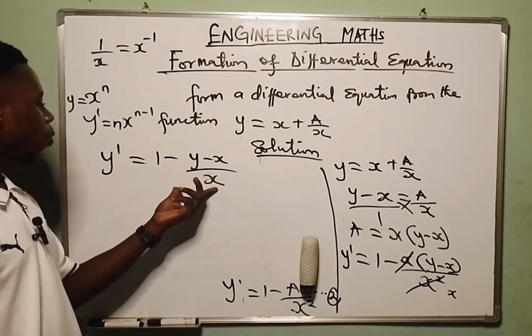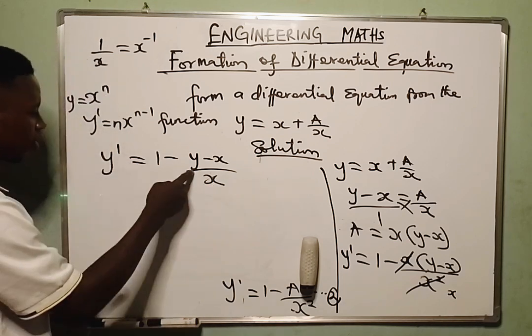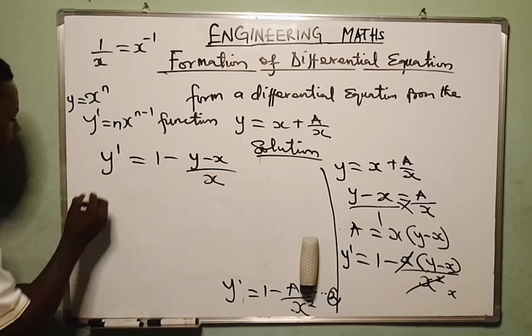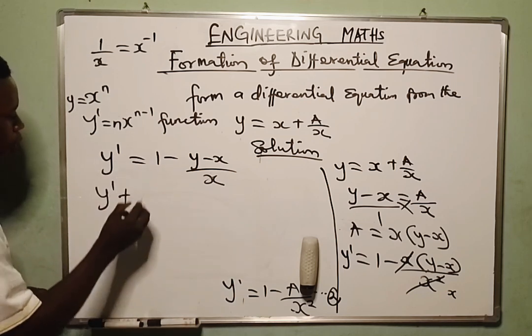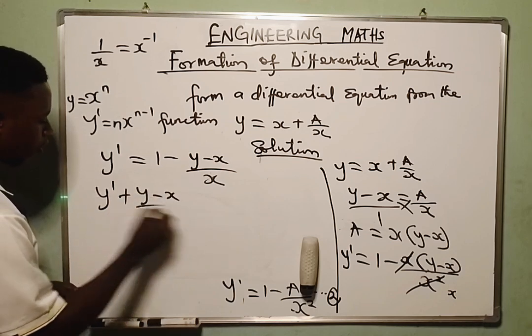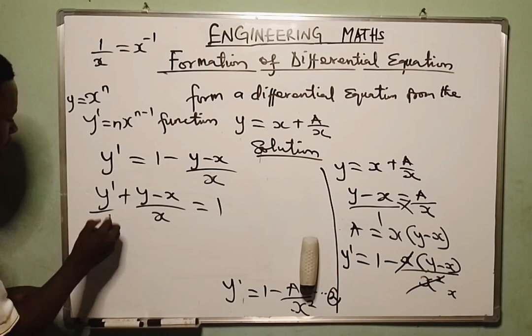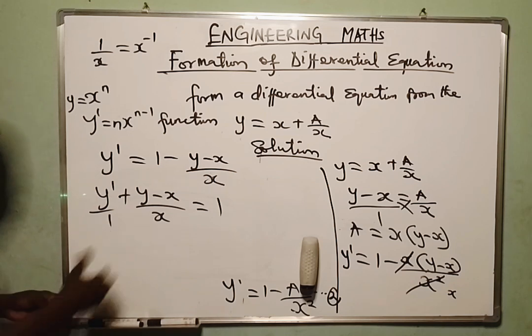Now what else are we going to do? Let us shift this to this particular point, and we have y prime plus y minus x all over x is equal to 1. Now let us collect LCM, or add this together.